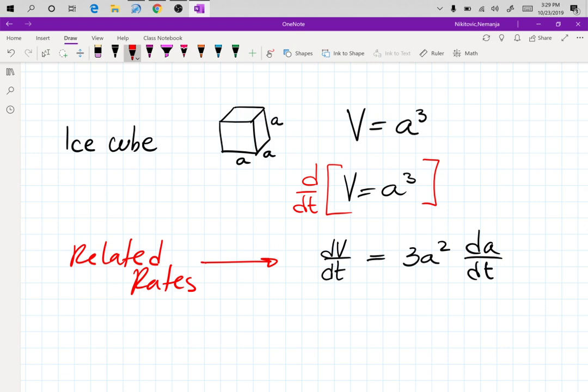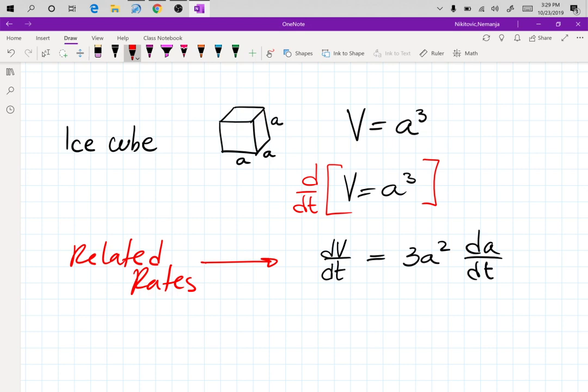You have two rates present, and we understand the first one as the rate of change of volume in time, and on the other side is the rate of change of side in time.